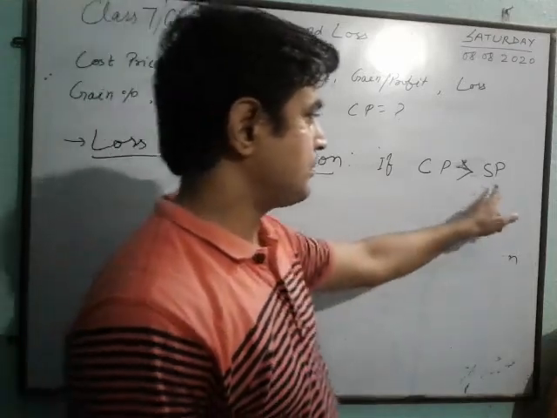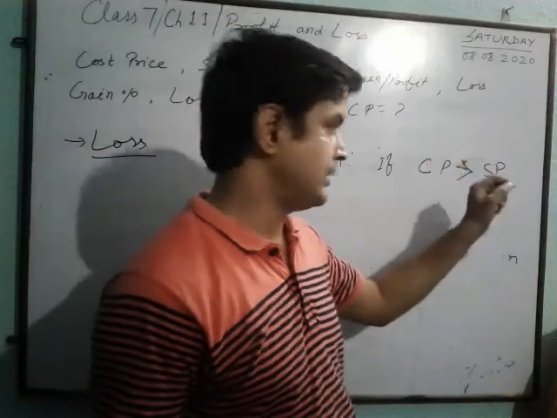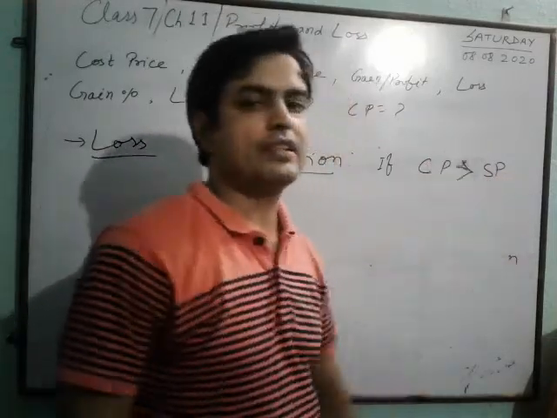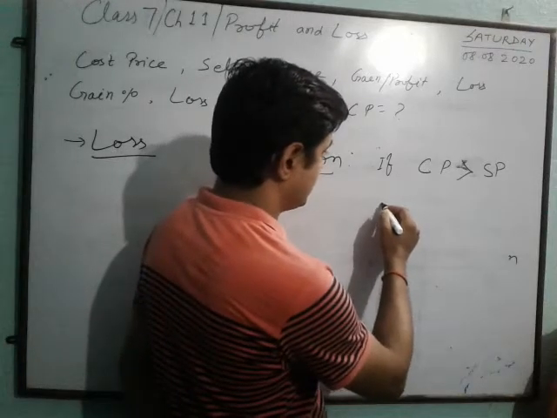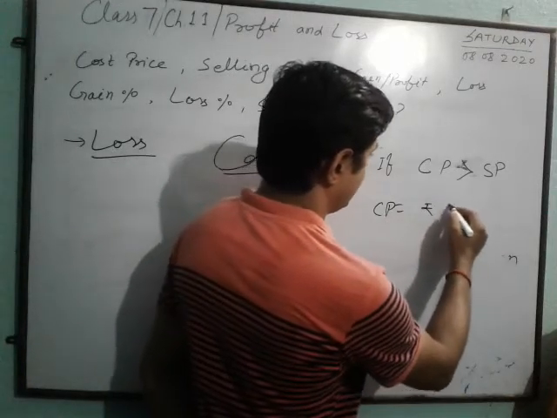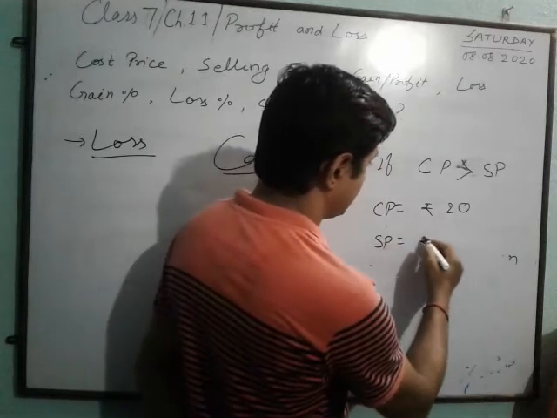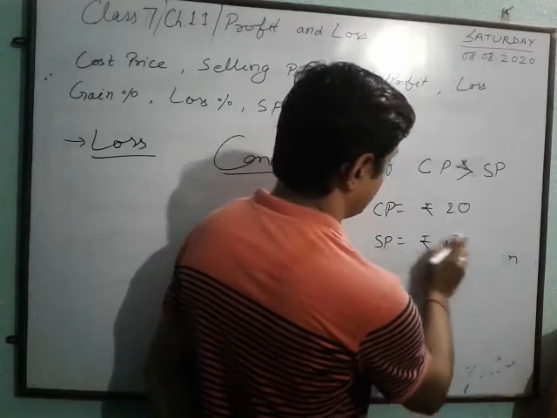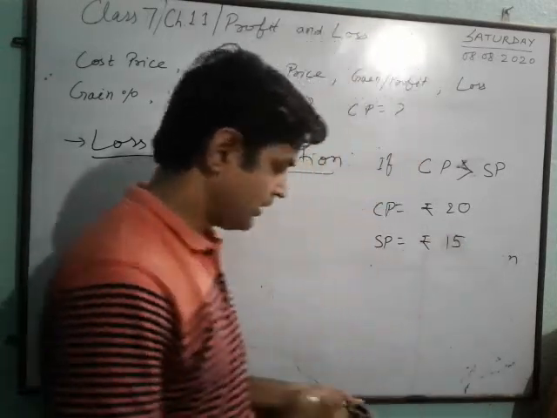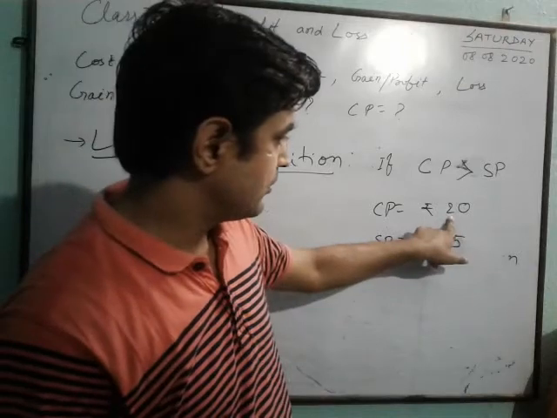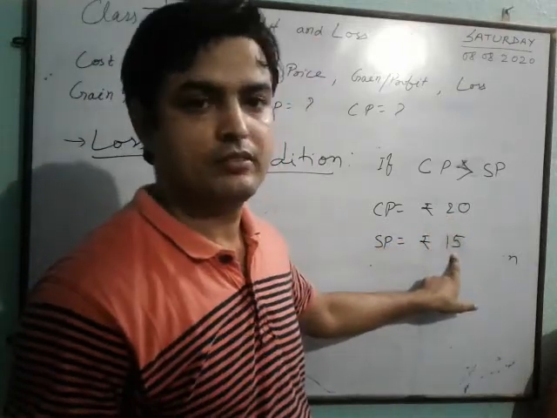If cost price is greater than selling price, that is selling price is less than cost price, then we have loss. Suppose CP is ₹20 and selling price is ₹15. Here we bought the thing at ₹20 and we sold it for ₹15.